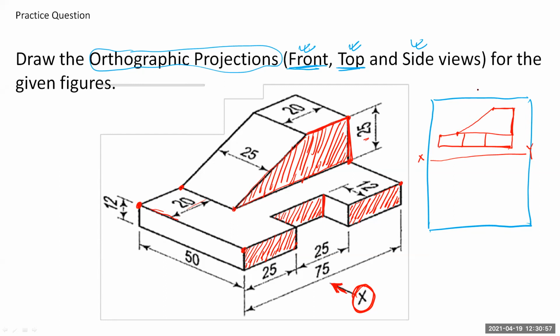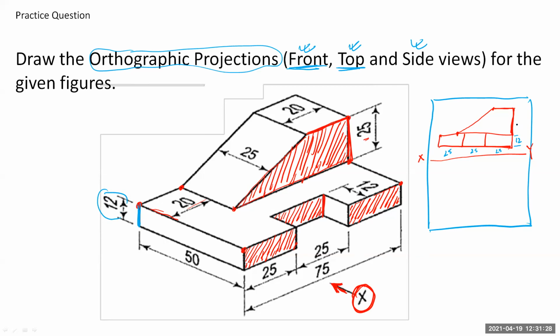So this is your front view. Likewise, you can write the dimensions also. Suppose I am writing the dimensions here. This length will be 25. This will be 25. This will be 25. What is the height of this portion? Is it given somewhere? Yeah, it is given here, 12. The height of this rectangular portion is 12. So it is 12 from here up to here.